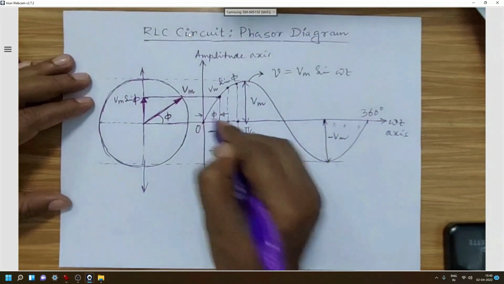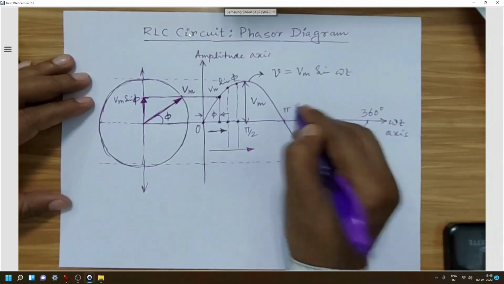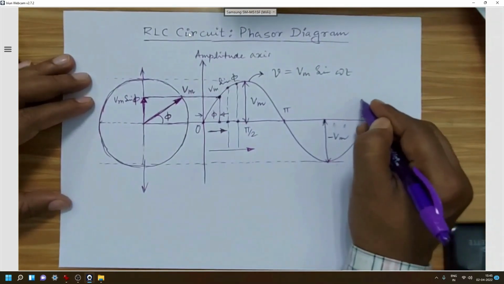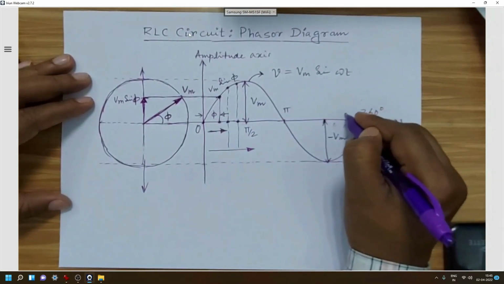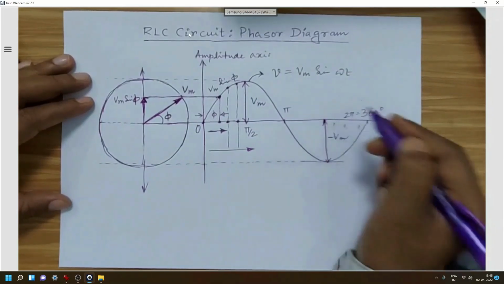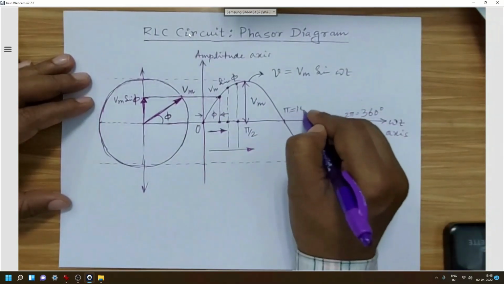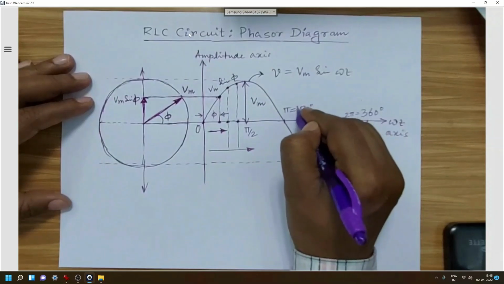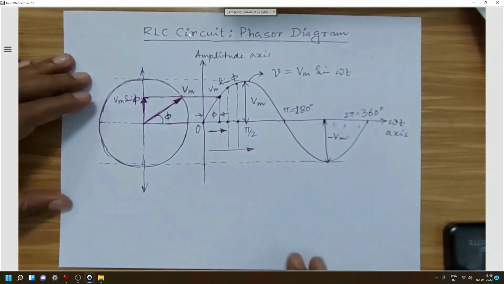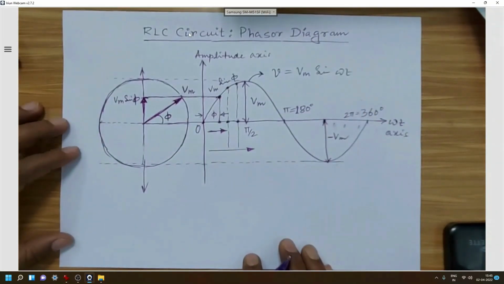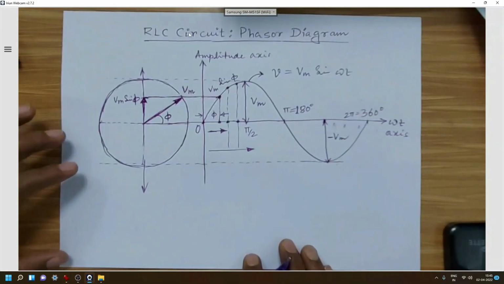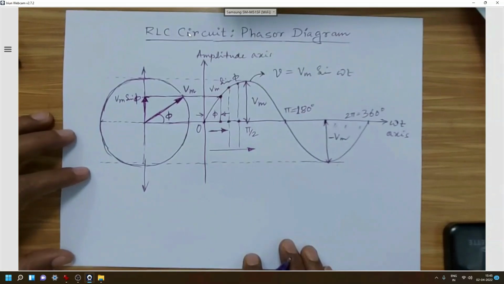Starting from 0, this will be pi and this will be 2 pi, and 2 pi radian is nothing but 360 degrees. So 2 pi is equal to 360 degrees, and pi will be equal to 180 degrees, and so on. So hope this is clear, the relation between one phasor and the sinusoidal waveform, and how a sinusoidal waveform of electrical quantities can be represented in a phasor representation.